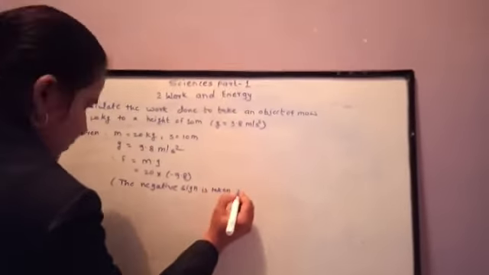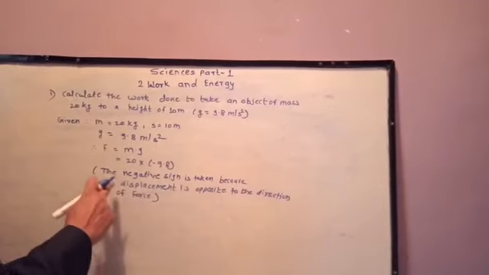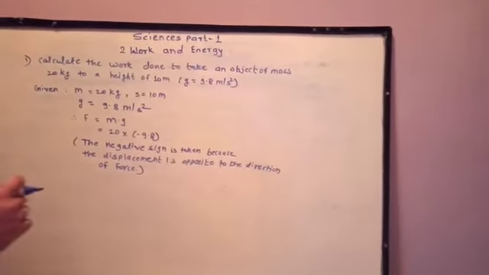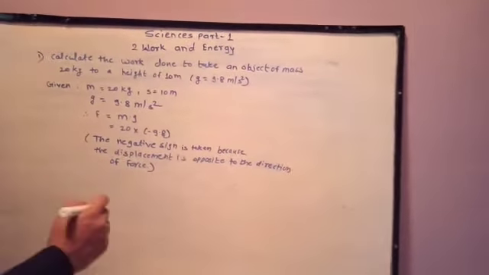F equals 20 into minus 9.8, which is minus 196 newton.